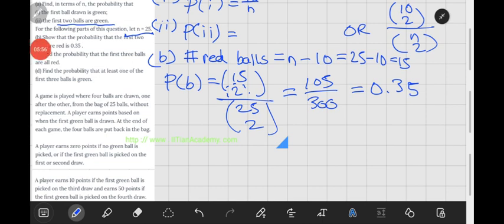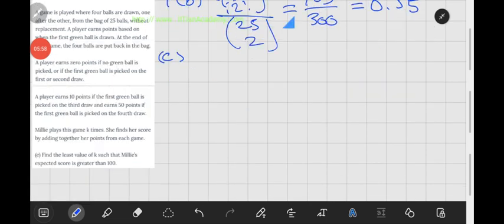So the probability that the first three balls will all be red would be the combination of selecting three balls out of the 15 red balls divided by the combination of selecting three balls out of 25 balls, the number of different ways that balls could be picked.